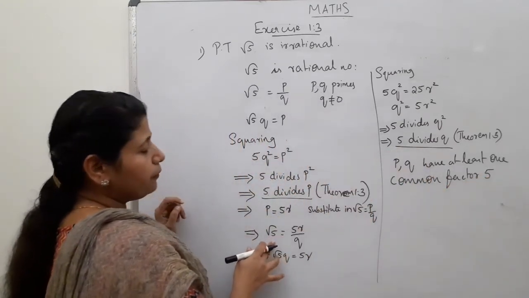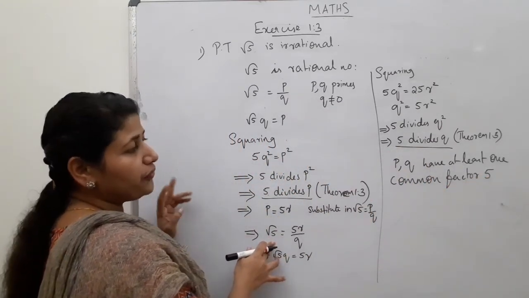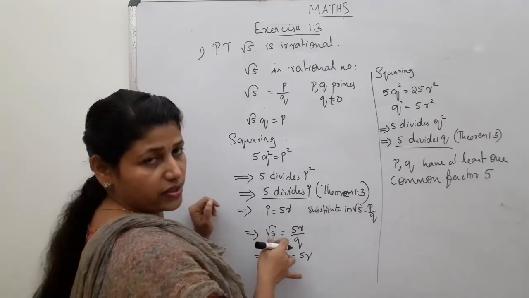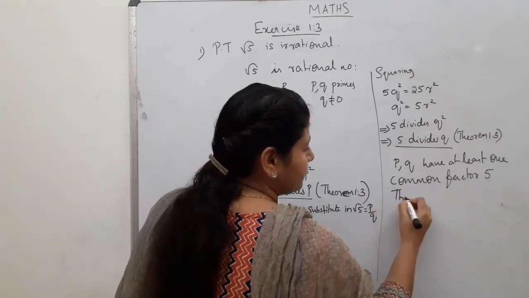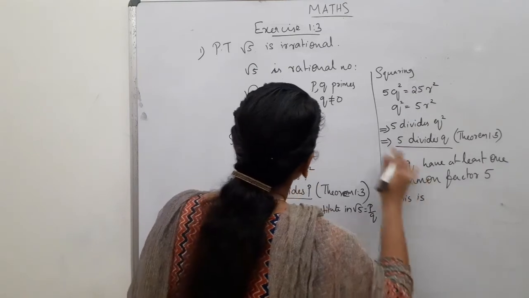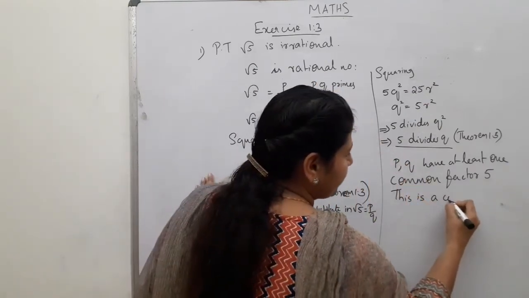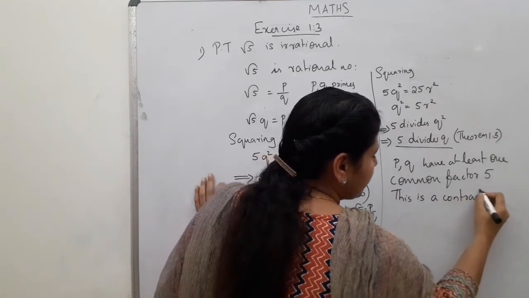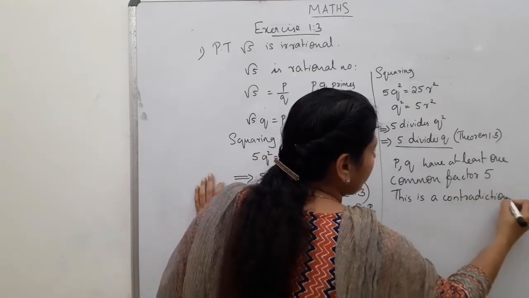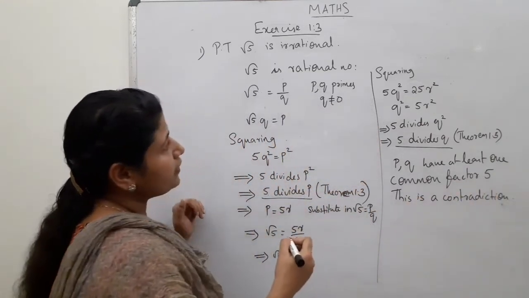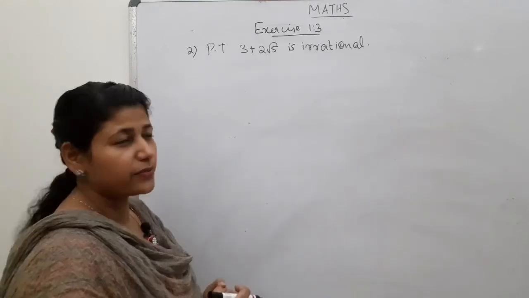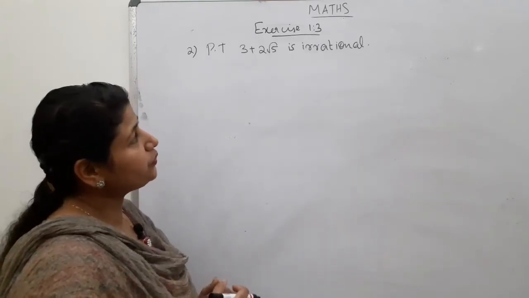Both P and Q got 5 as a common factor. This is a contradiction to the assumption that P and Q are prime. So we can say that this happened due to our wrong assumption that root 5 is rational. Next question, prove that 3 plus 2 root 5 is irrational.